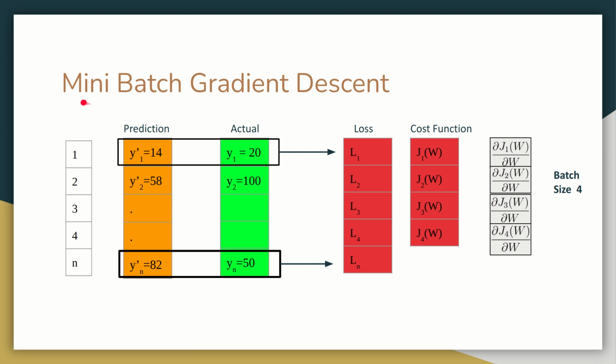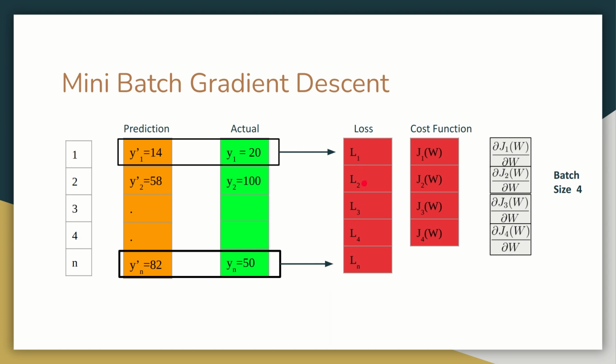Now coming to an example of mini batch gradient descent. So let us start with an example of batch size 4. With batch size 4, in the first iteration, we'll be calculating the loss L1 from example 1, L2 from training example 2, L3 from training example 3, and L4 from training example 4.